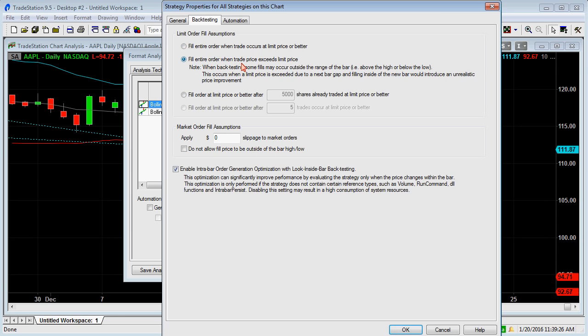For example, fill the entire order when trade price exceeds the limit price. Okay, not only be content with meeting the price, I want it to exceed just to make sure that I do get a fill. Or, do the fill based on volume. Only do the fill if a specific number of shares are traded. So it's interesting that we have this functionality that allows you to change the way that the strategy looks at limit orders or market order fill assumptions.